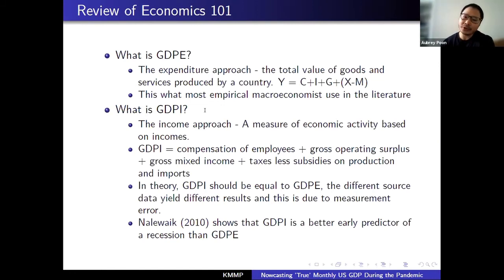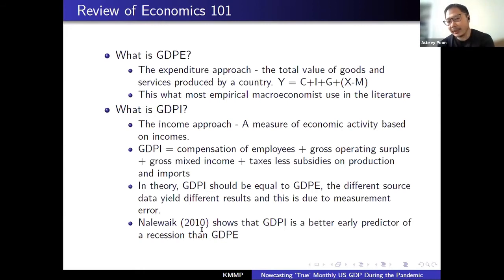Also, within the literature, there have been studies by Nalewaik showing that using these two GDP measures can lead to two different empirical conclusions. A good example is the Nalewaik 2010 study showing that GDPI is a better early predictor in recessions compared to GDPE.